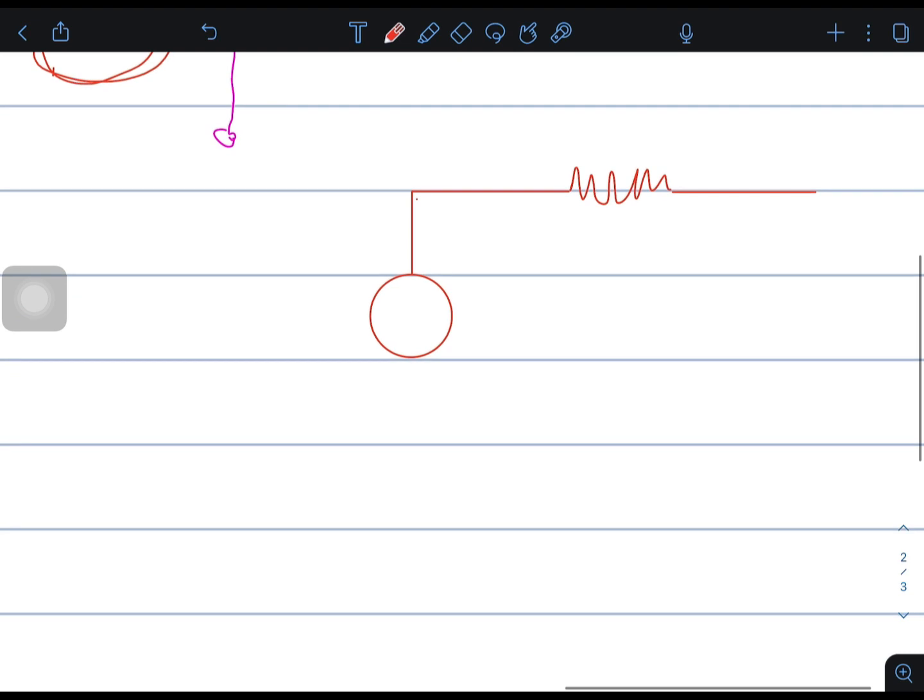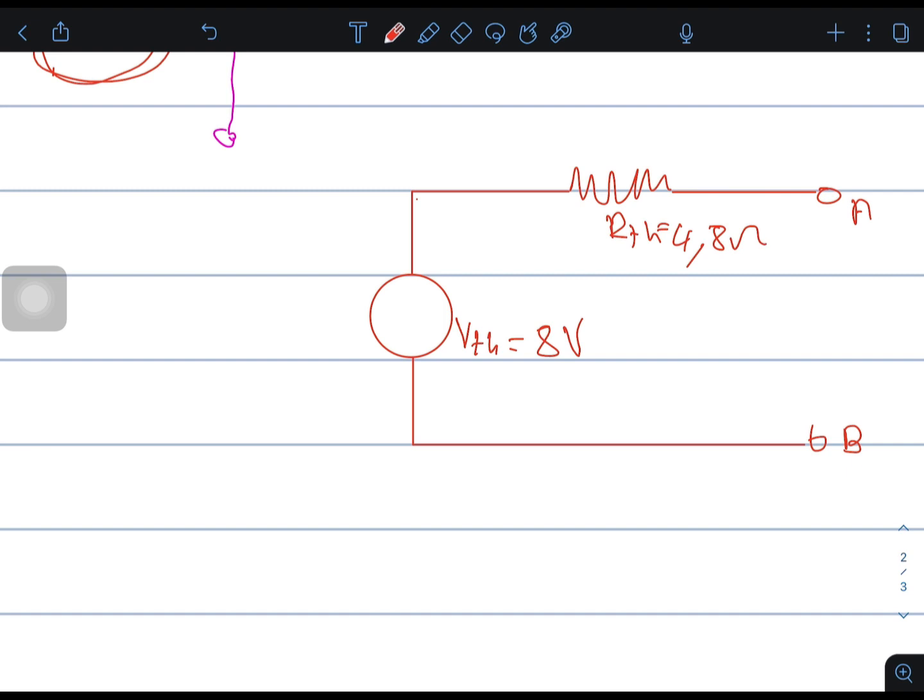Terminals A and B. Thevenin voltage was 8 volts. Then Thevenin resistance was 4.8 ohms.